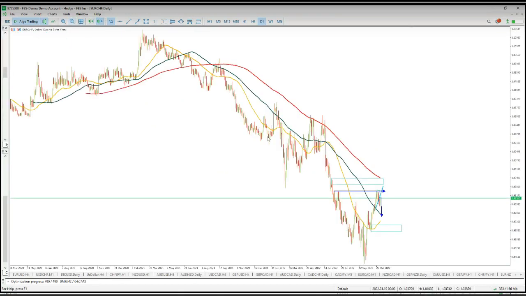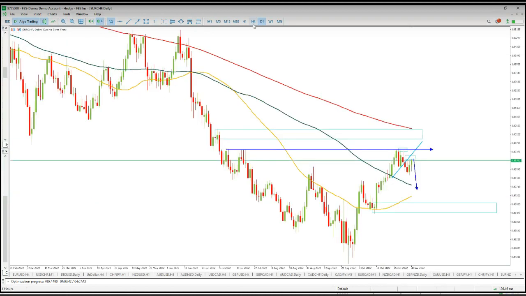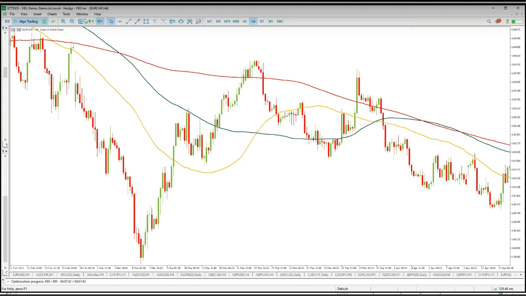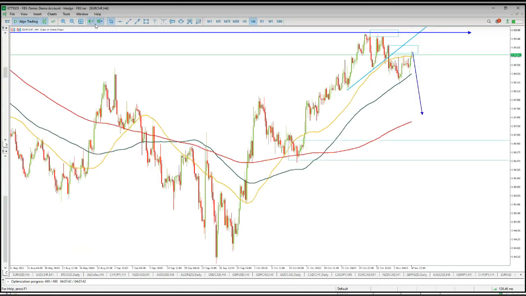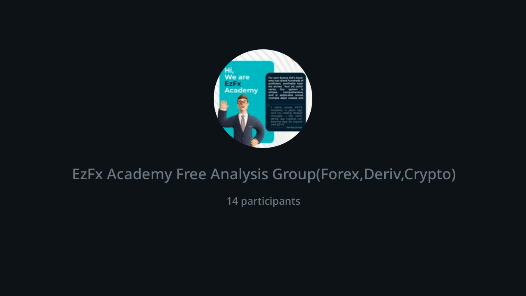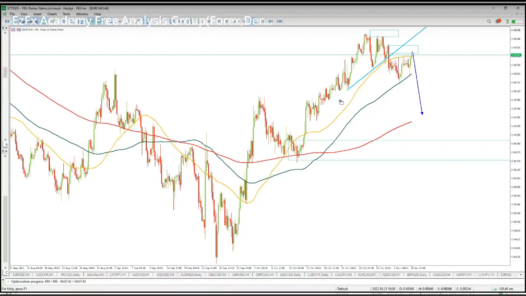It could take some time to play out, right? But if you're really going to be patient with this, you're definitely going to eat some pips from this setup. So EURUSD, I think my expectation is that we maintain some bullish momentum. Even if the bullish momentum does not happen right away, I think that this is a point where it's most likely going to happen.